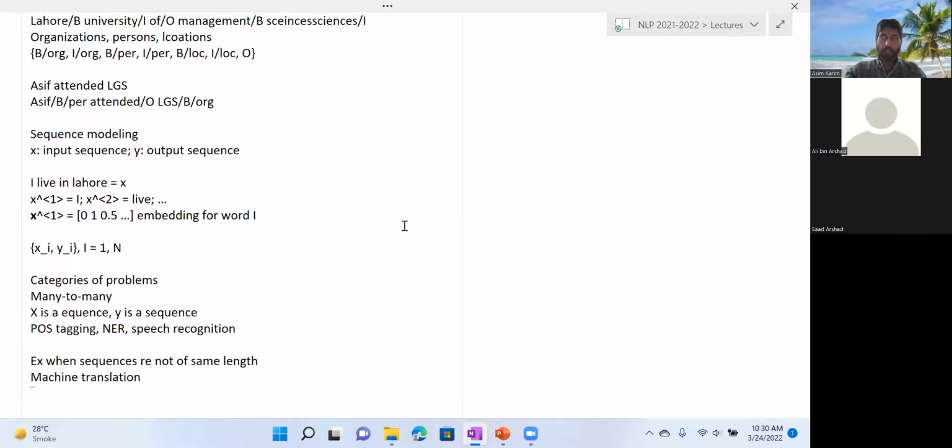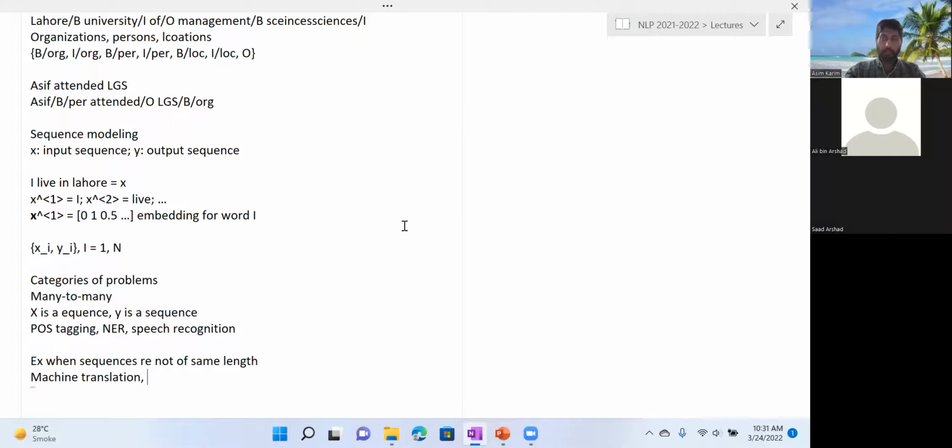Let's say you have some sequence of words in one language, which is input, and Y is the output, which is a sequence of words translated in the other language. So the number of words in the two languages may be different. Maybe X is smaller, maybe Y is larger, or it could be vice versa. So machine translation would be this example.